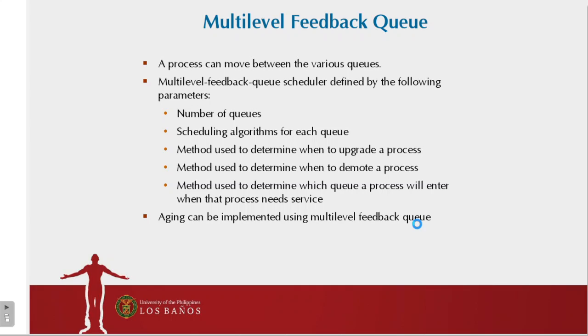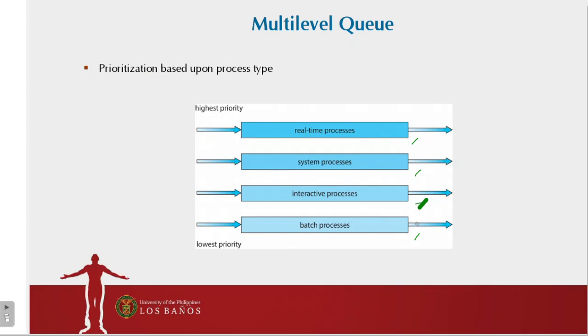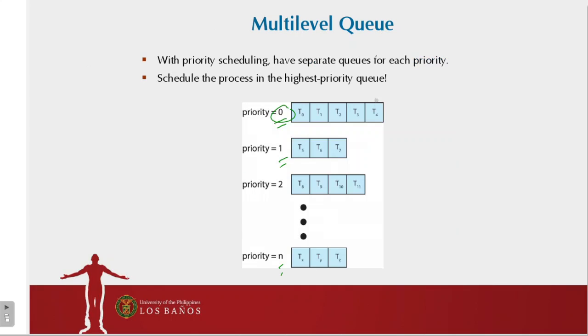And in the original multi-level queue, once a process is assigned to a particular queue, it cannot move to different queues. But again, there might be starvation in this scenario.